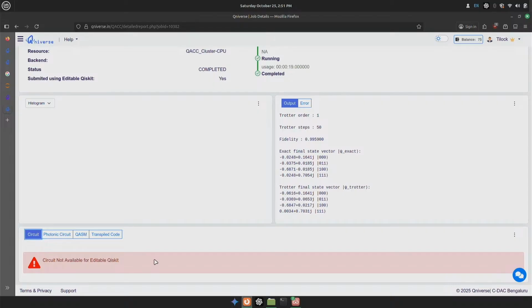As I said, the length and the depth of the circuit is very large. I just gave you a number, right? 36 times 500. That many gates I will have in my circuit. So you can imagine how big my circuit can become, which makes it very challenging to show that circuit in such a short space.